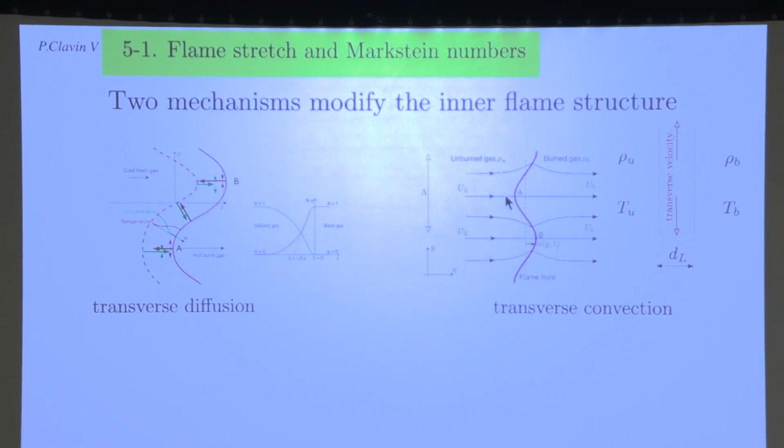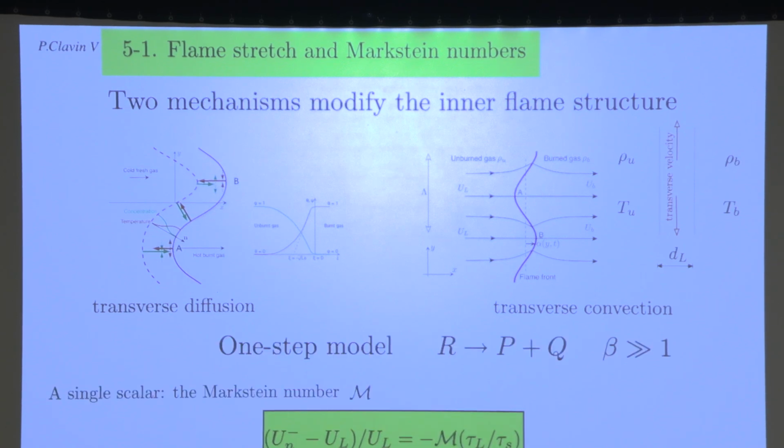So you have also an effect of the flow gradient in the transverse direction that you have to take into account. To begin with, we are not going to take into account this effect and just look at the first effect. This was done first by Zeldovich too. And I will tell you a story about that.